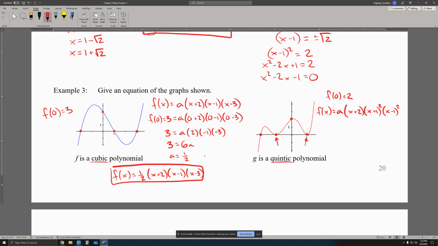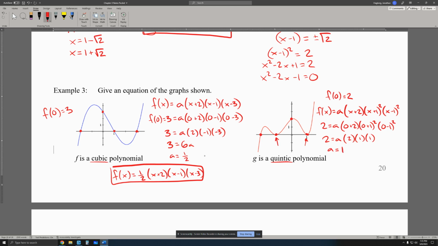Okay, plugging in our y-intercept, we get 2 is equal to a times the quantity 0 plus 2 times the quantity 0 plus 1 squared times the quantity 0 minus 1 squared. And so we get 2 is equal to a times 2 times 1 times 1. And so we get a then is equal to 1.